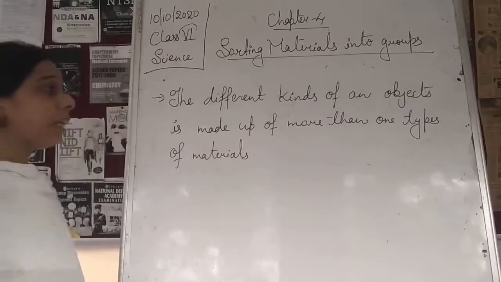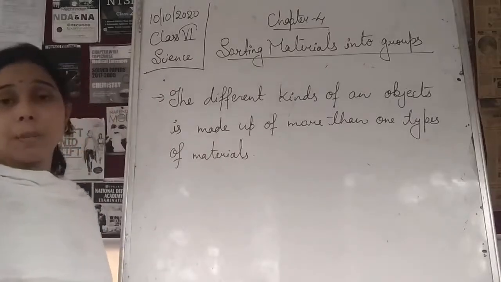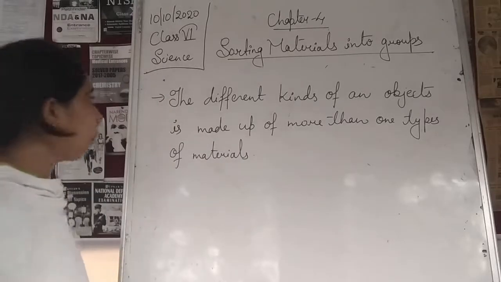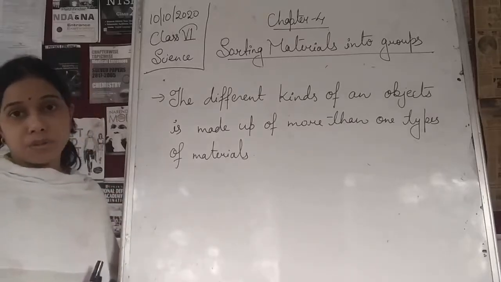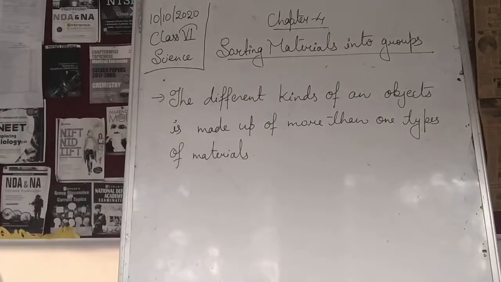Okay, so different kinds of objects are made up of more than one type of material. So this is the second conclusion. Okay, now we will see the next one, student.